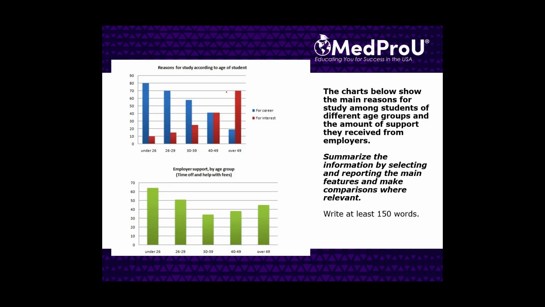Okay. So under 26 years old, younger people get the most support while 30 to 39 they are the most self-sufficient. Okay. So now, this is the sample answer.